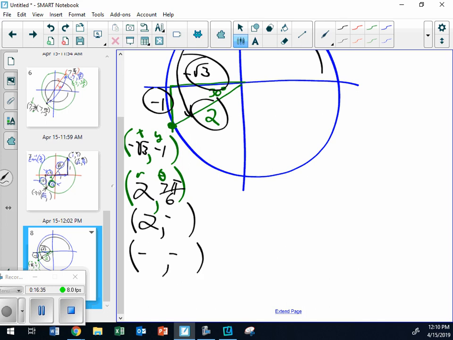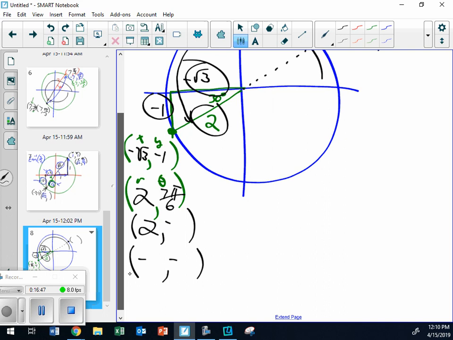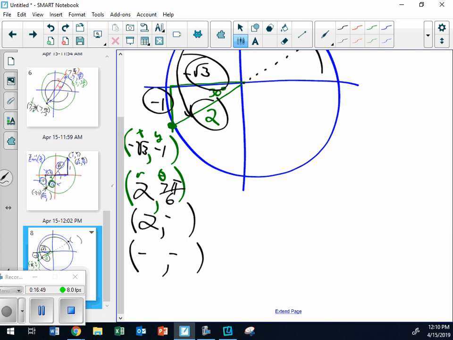Hint, to do that, you need to find this point which does not have a negative R, but find that point over there and reflect it back. So use 2 comma 7 pi over 6 as your starting point, but give me 2 other ways, one with a negative angle and one with a negative R and a negative angle.